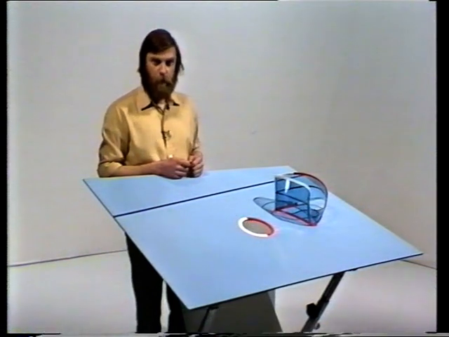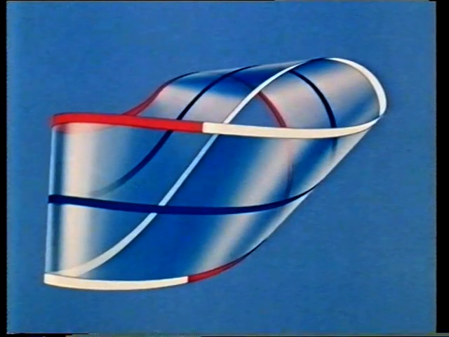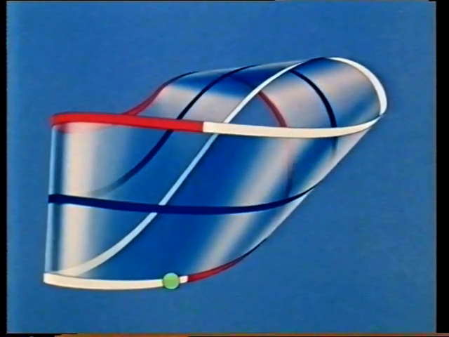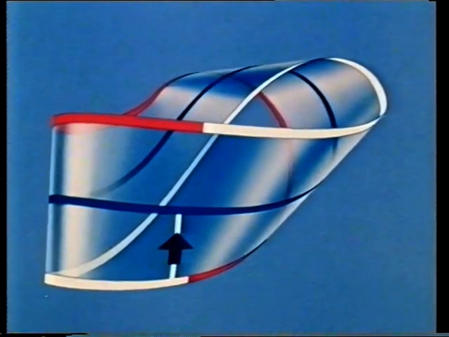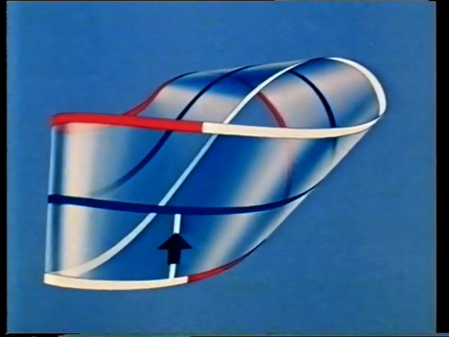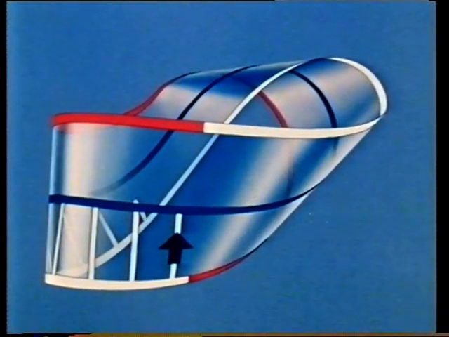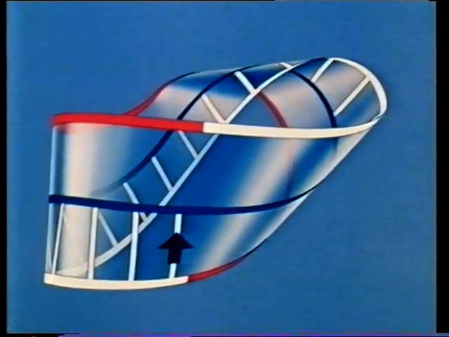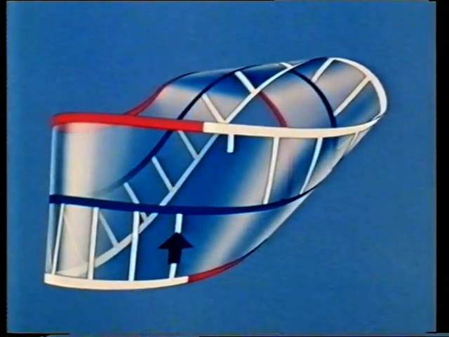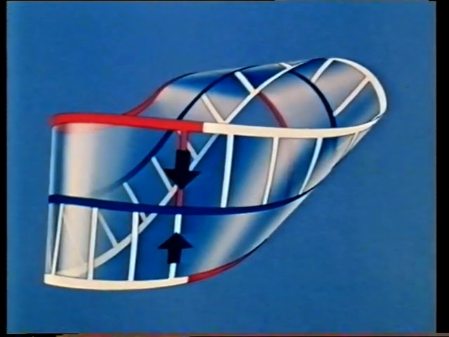It'll help us if we first draw some line segments on the Möbius band. What we do is choose a point on the boundary and draw a line which meets the center circle. Then we go round the boundary, repeatedly drawing line segments, until eventually we meet the center circle where we first met it, but this time from the opposite side.